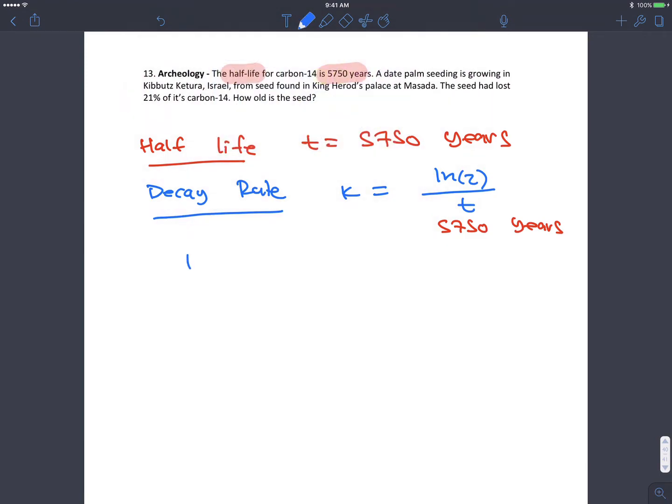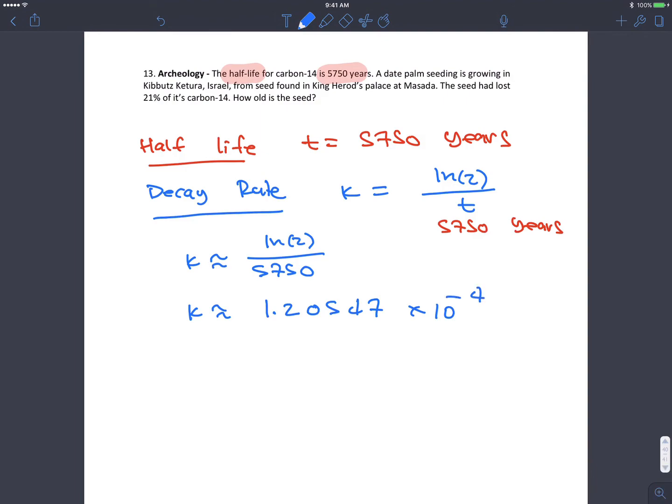So that our decay rate will be approximately the natural log of 2 divided by 5,750. So k is approximately 1.20547 times 10 to the minus 4 power.